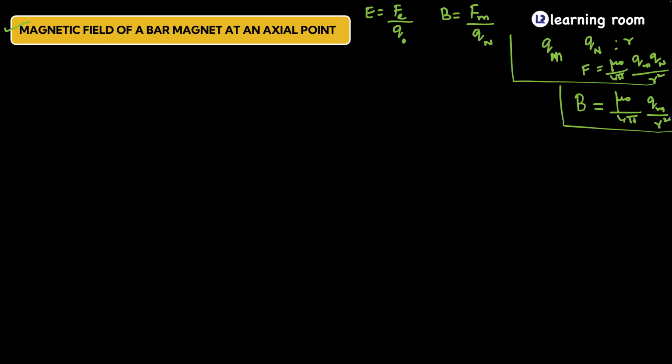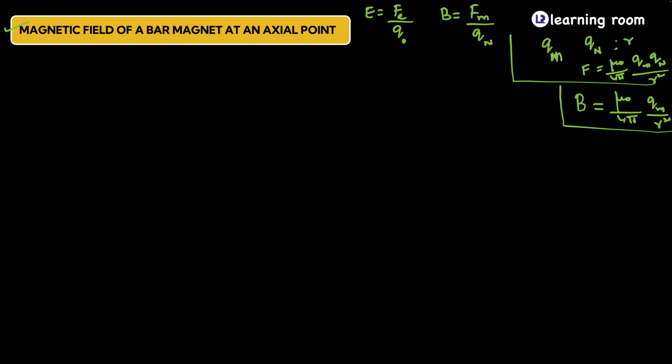At the axial point. If you go back to some terminologies that we discussed with respect to a magnet, I told you what the magnetic axis is. It is an imaginary line joining the north and the south pole. So I need to consider a point along that line.